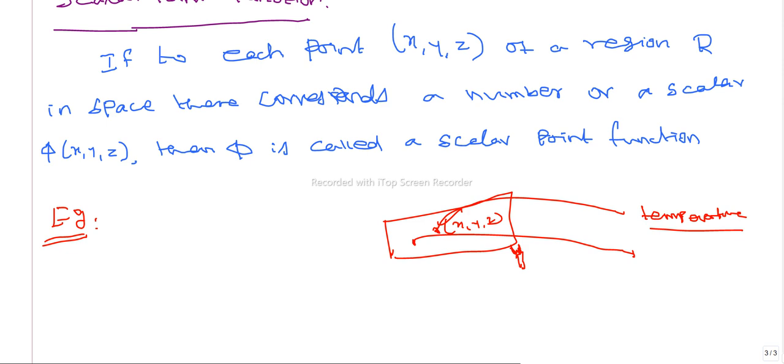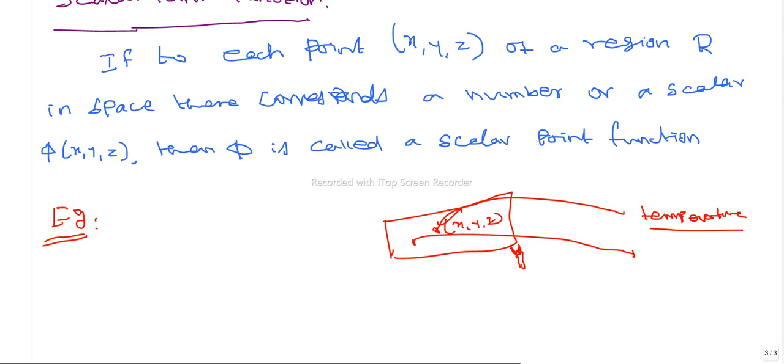So these are all scalar valued functions. For any point in the region, we have to assign some scalar, and such a function is called a scalar point function. So the domain is R3, but the codomain is R. Here the scalar is temperature, or pressure, or anything.